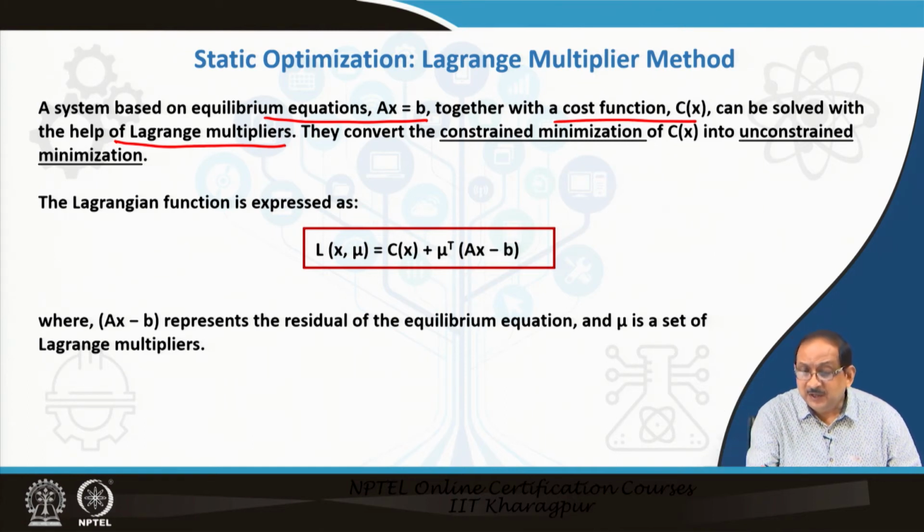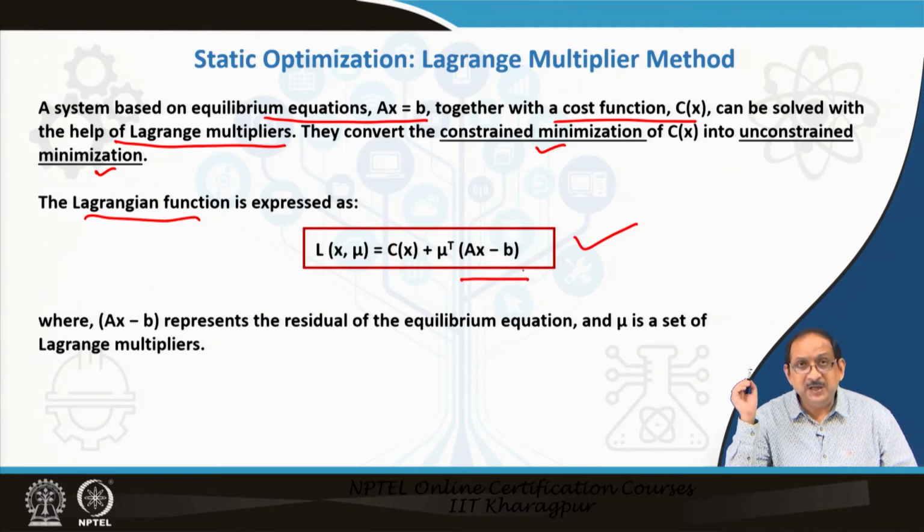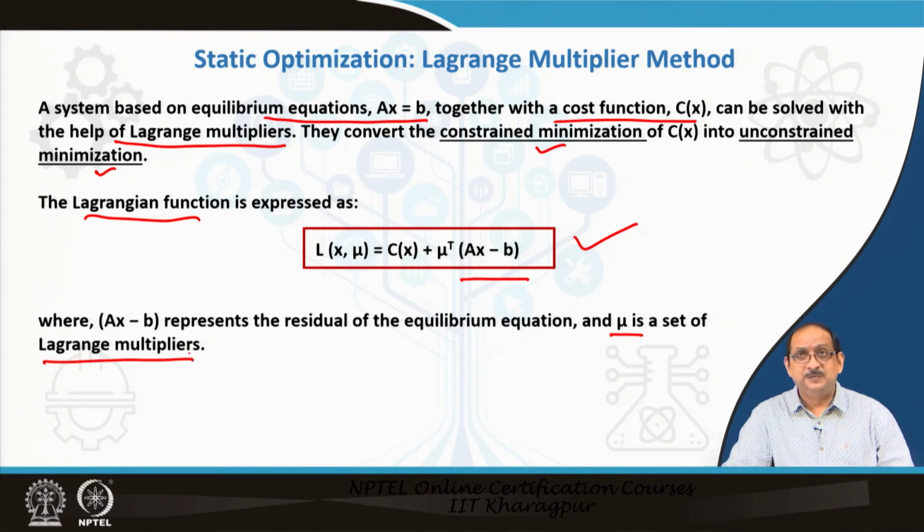They convert the constrained minimization of C(x) into unconstrained minimization. The Lagrangian function is expressed as presented in the slide, where Ax - b represents the residual of the equilibrium equation. Mu is a set of Lagrange multipliers.